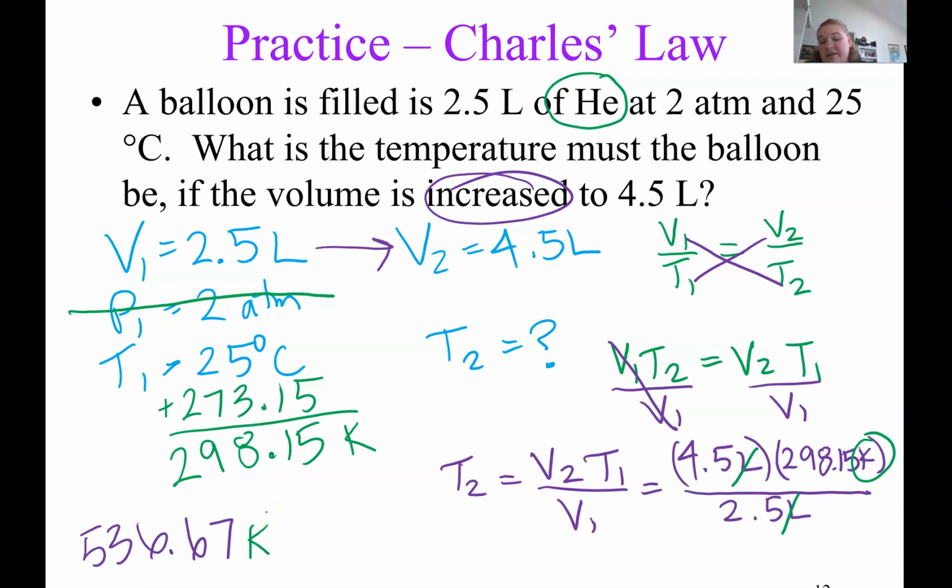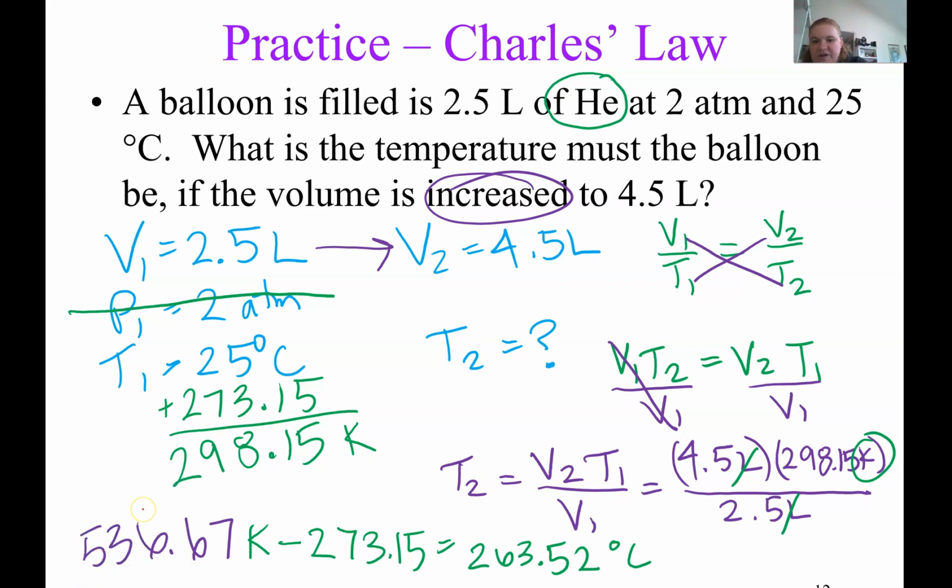So that could be our final answer, but because the original temperature was reported in Celsius, I'm going to convert this back to Celsius. So minus 273.15, and we get 263.52 Celsius. Let's check our significant figures.